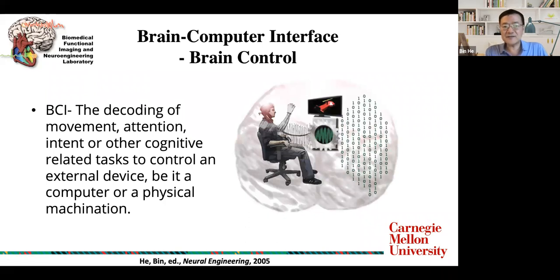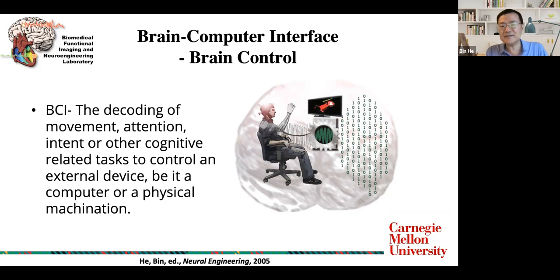So we have discussed the neurophysiological origin of sensorimotor rhythm-based BCI. Let's revisit the BCI. The BCI, or brain-computer interface, is essentially the decoding of movement, attention, intention, or other cognitive-related tasks to control an external device, be it a computer or a physical machine.